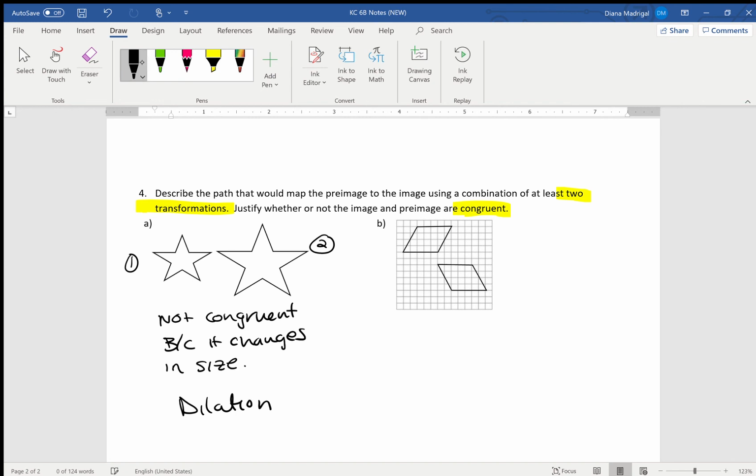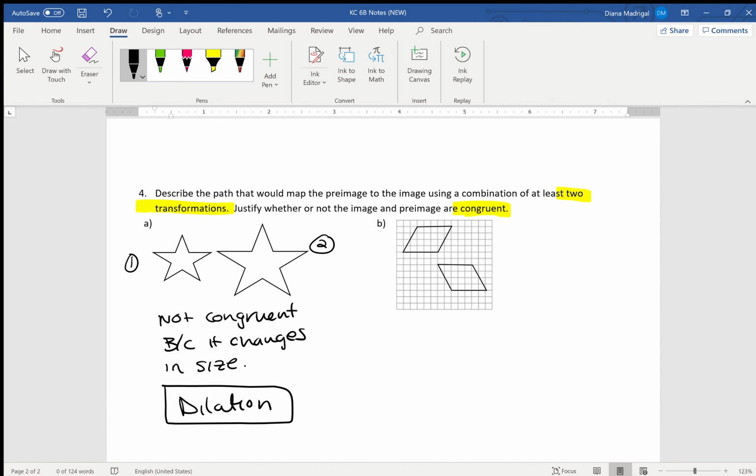That's what it means when you're changing a shape by size. So you're making it either smaller or bigger. Okay, and we didn't learn about dilation yet, but this dilation does not mean that the shapes are congruent. Yeah, they look like they have the same shape, however, they're not the same. One is smaller, one is bigger.